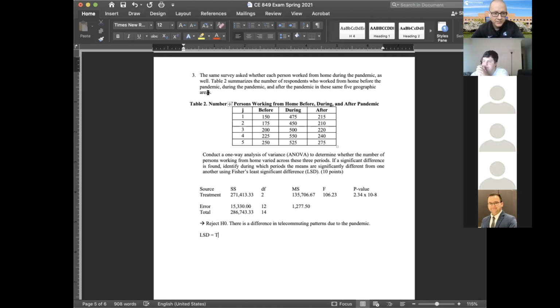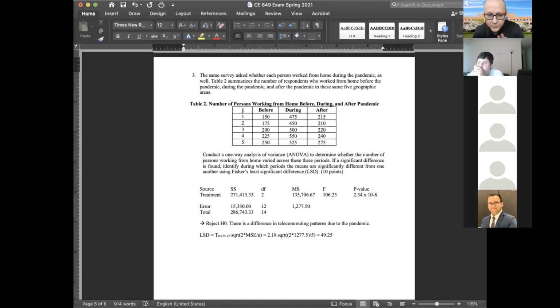In that case, the first thing we're doing is determining our critical T value, and that would just be T 0.025 with 12 degrees of freedom, so the same 12 here, so capital N minus A. And then we're multiplying that by the square root of 2 times our mean squared error divided by N. So in this case, that T value is going to be 2.18 times the square root of 2 times that same MSE we see here, 1277.5, all divided by our sample size of 5. And so we end up with an LSD value of 49.25.